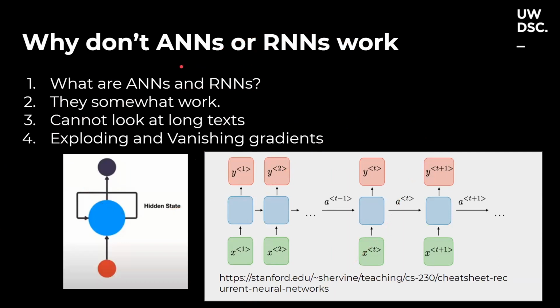Let's first talk about why people use LSTMs for text usually, and why they don't use just simple ANNs. And when I say ANN here, I do mean artificial neural networks. Some people prefer to use DNN, deep neural networks, but we're referring to the same thing. So in TensorFlow, you'll be talking about dense layers, and in PyTorch, you'll be talking about linear layers.